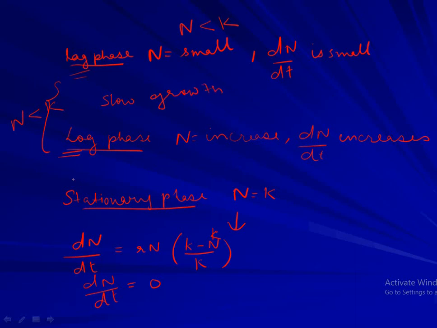In the log phase, again N is less than K, N increases, therefore dN by dt also increases, so rapid growth. And in the stationary phase, N is equal to K, therefore dN by dt is equal to 0, so constant population.